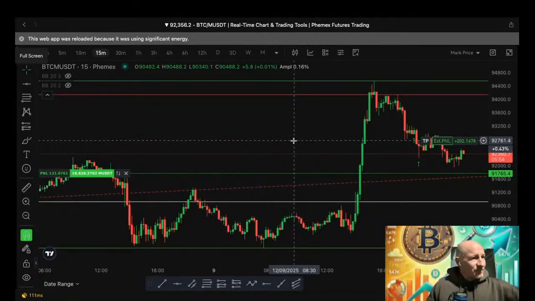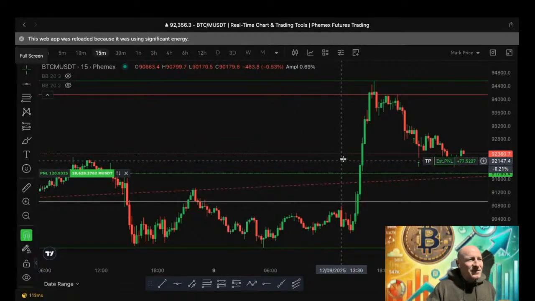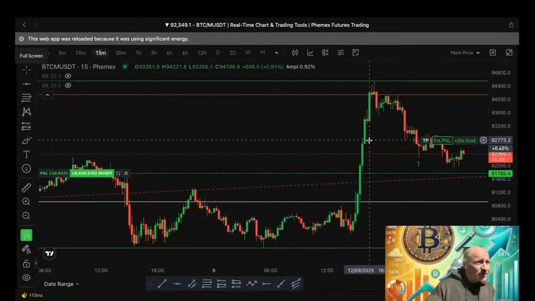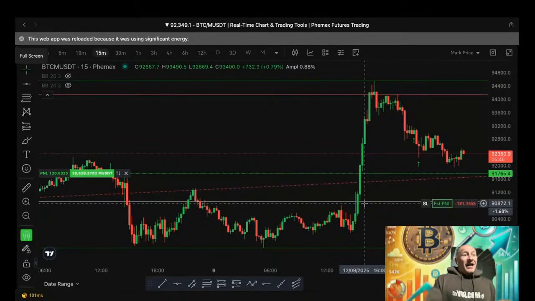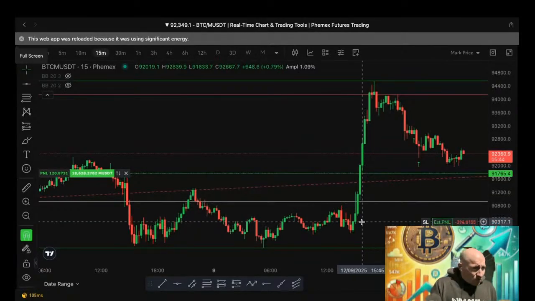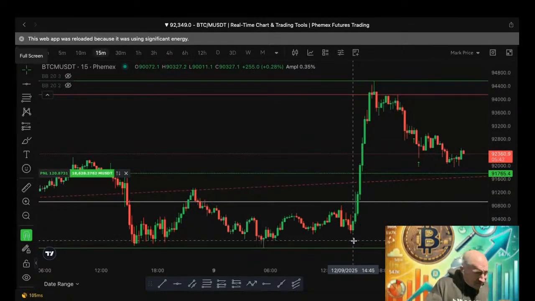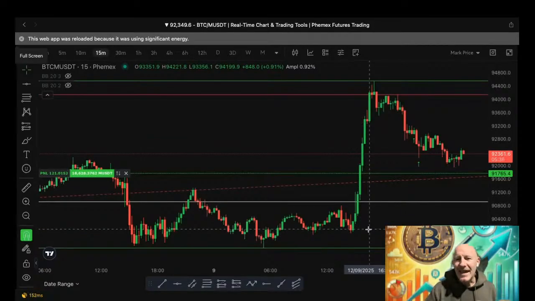All right. So another thing on the chart here, as you can see all these green candles here, that was a fast move. 1, 2, 3, 4, 5, 6, 7, 8. 8 green candles in a row. Fast.